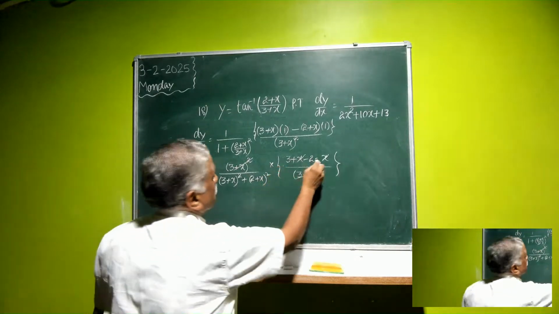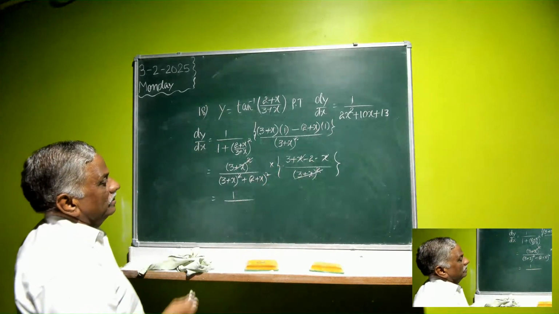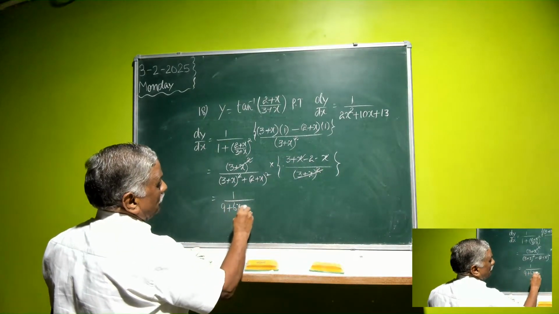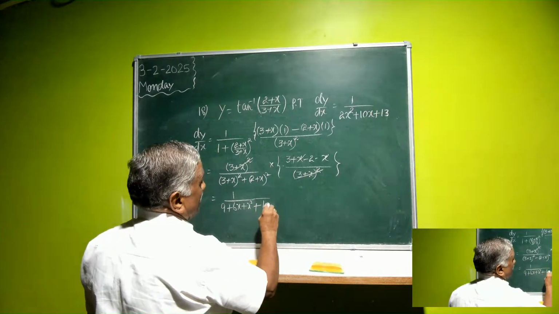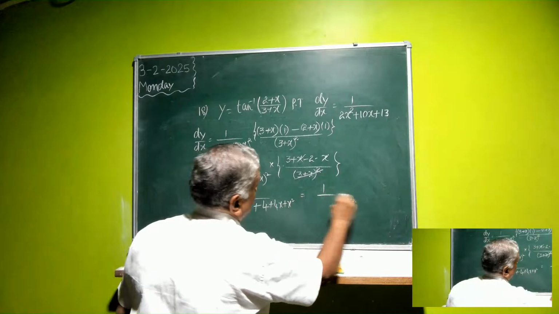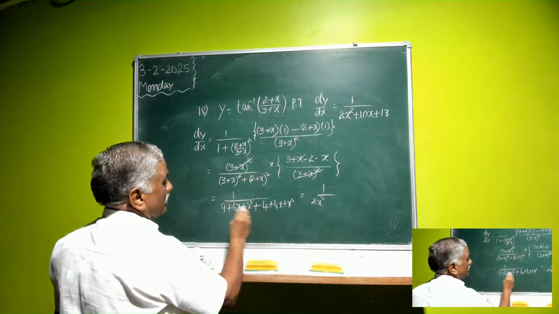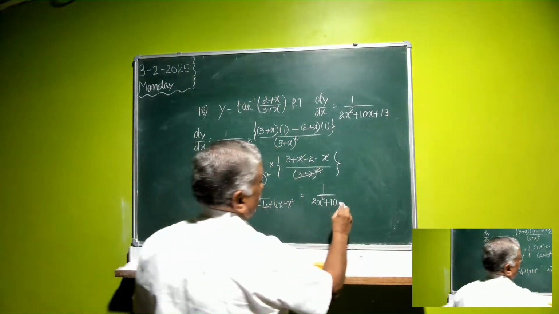And you get 3 minus 2 is 1, so we got 1. For the numerator, use the a plus b whole square formula, a square plus 2ab plus b square. Here also, a plus b whole square formula, a square plus 2ab plus b square. Simplify this: x square plus x square is 2x square, 6x plus 4x is 10x, 9 plus 4 is 13.